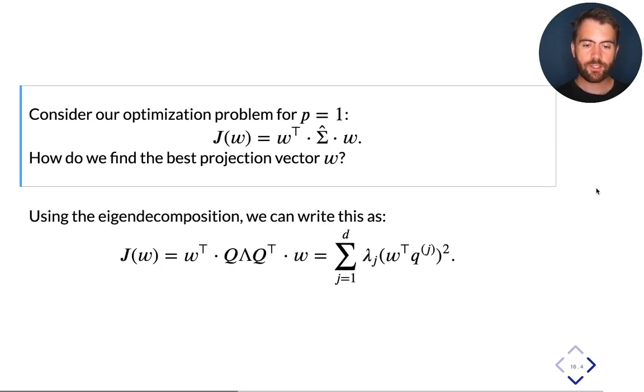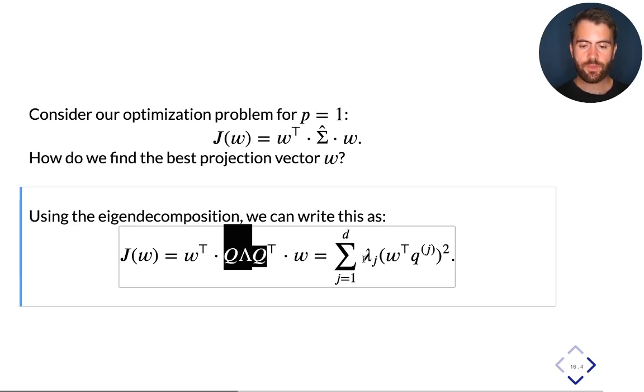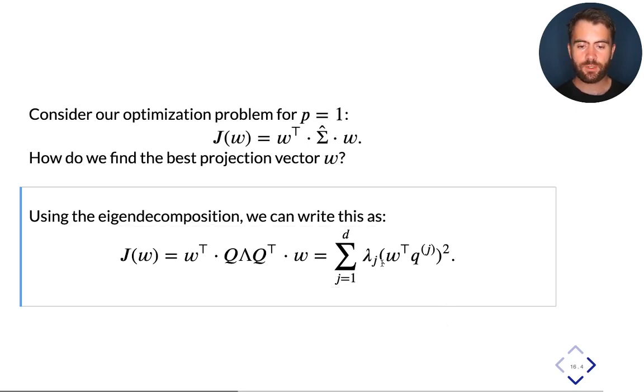Using the eigen decomposition, we can write this objective as follows. I'm just applying the second definition of the eigen decomposition. What we have here is a sum of d terms where we have the lambda j's, and we're multiplying the dot product between w and each of the eigenvectors.